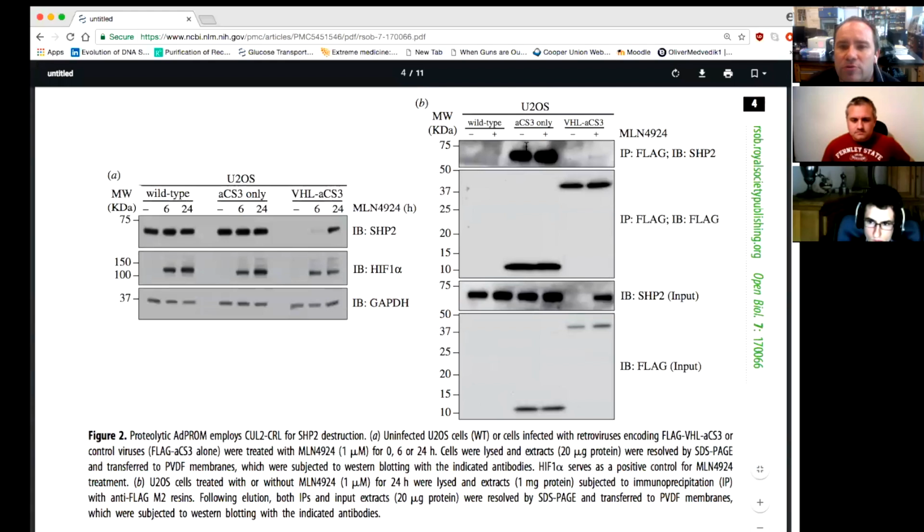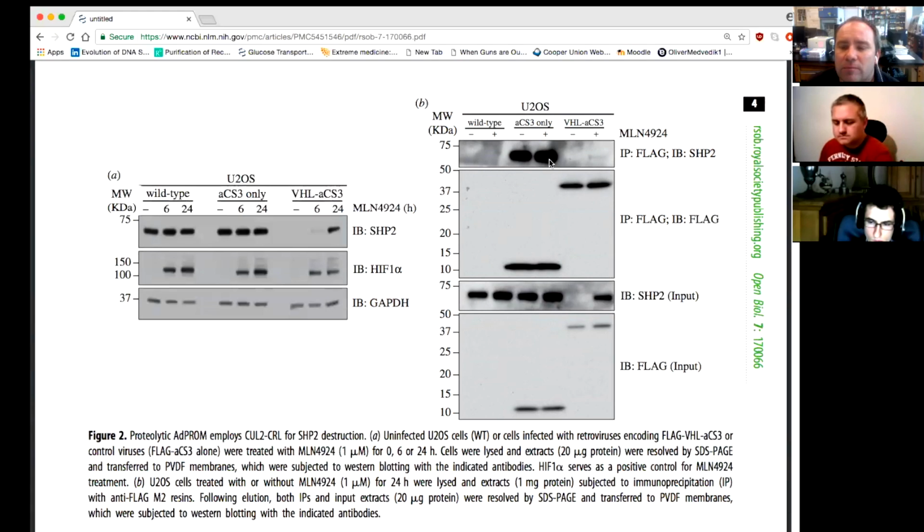So that just shows you here that if you look up on this immunoblotting, after they've pulled it out, you notice that with this MLN4924, whether they added it or not, it's irrelevant. You still have the ACS3 binding, so this chemical doesn't affect the binding of this monobody. It'll still bind and pull out your SHP2.